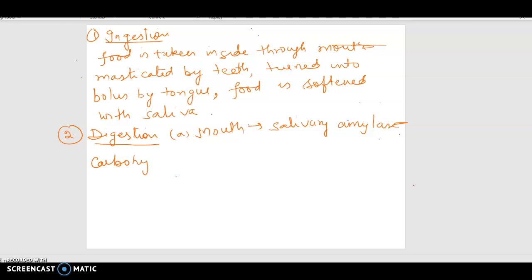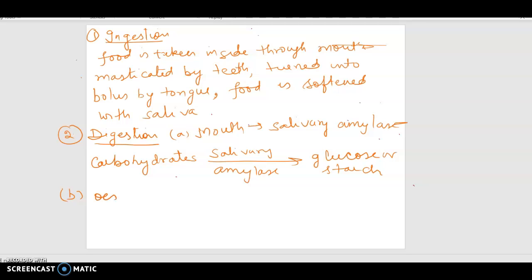Carbohydrates are digested in the mouth with the help of salivary amylase enzyme, and are broken into sugar. Then food from the mouth moves to the esophagus, and from the esophagus to the stomach.